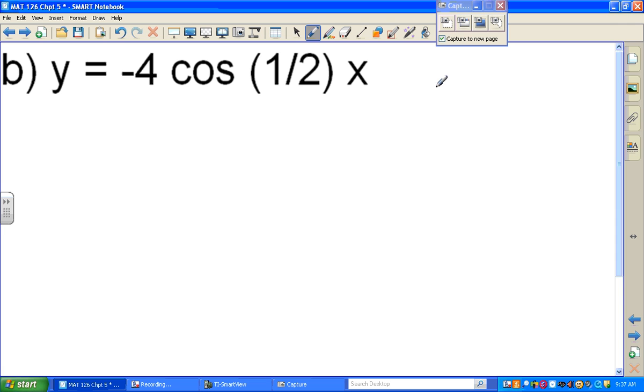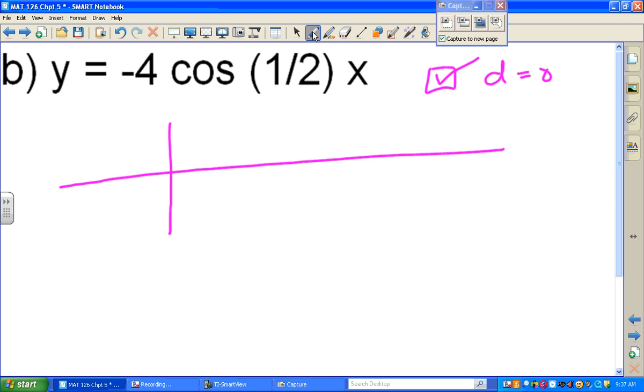The first thing on my checklist: what is number 1? What is the vertical shift? There isn't one. So that means the middle of my graph is the x-axis.